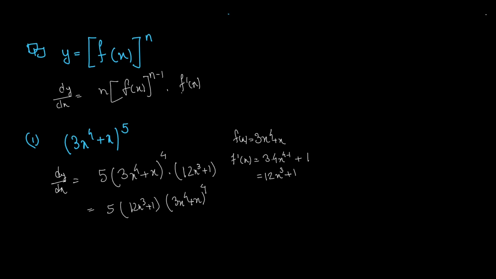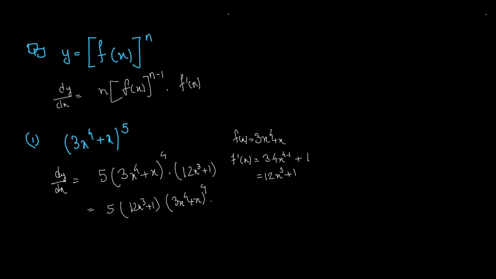And then we find the first derivative of f(x), or basically we differentiated the function f(x) one time. Here f(x) is 3x to the power 4 plus x. After differentiating one time, we got 12x cubed plus 1. So basically that's this one. And then we simplified the whole equation and rewrote it again. So that is our final answer.